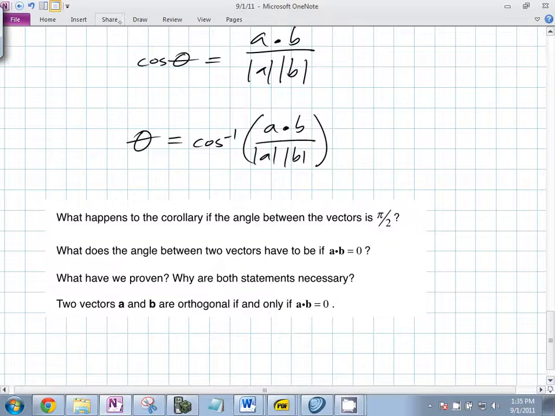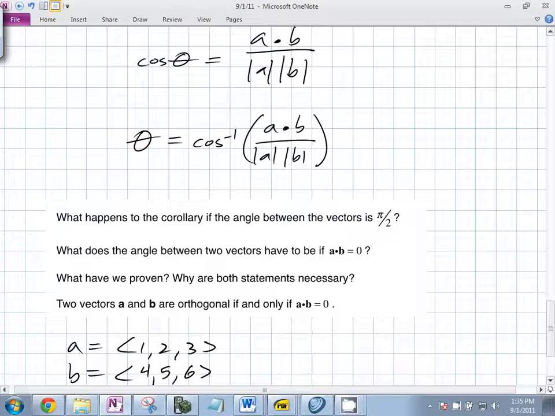Let's say I gave you A is equal to 1, 2, 3, and B is equal to 4, 5, 6. What's the angle going to be between them? It's going to be theta is equal to cosine inverse of what? 4 plus 10 plus 18, which is 32. Yep.